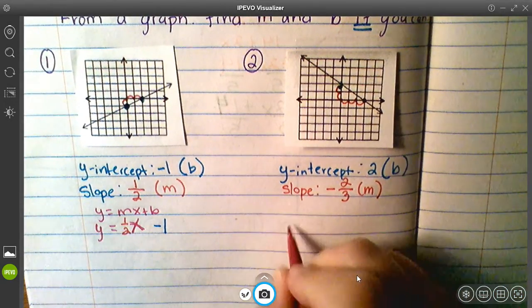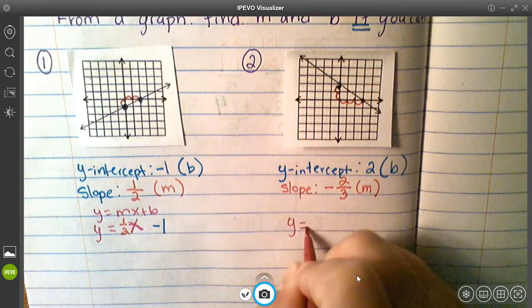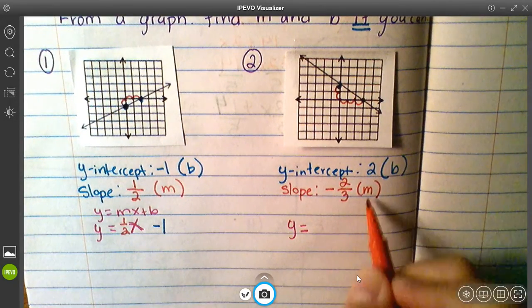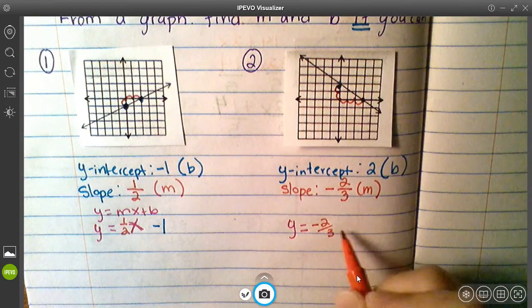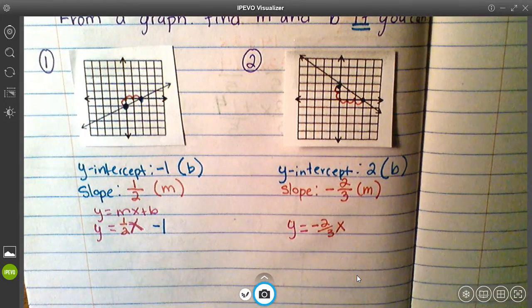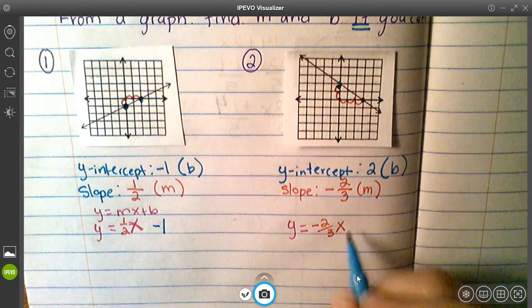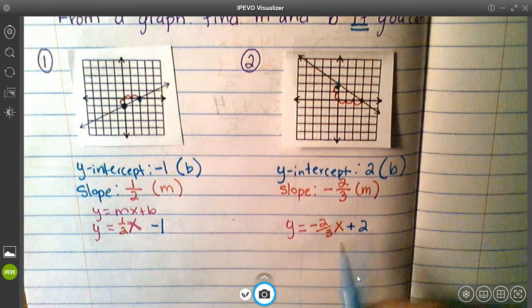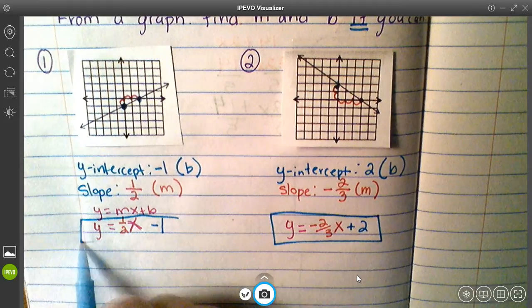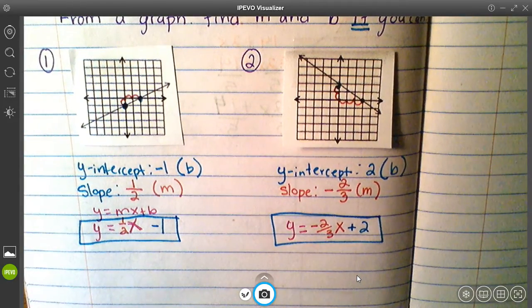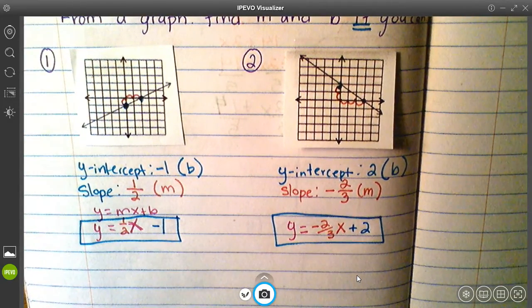So when I have my equation, y equals, my m is -2/3 x, and then my b is 2, so +2. So that is the easiest way that it can be done, but it is not always that simple.